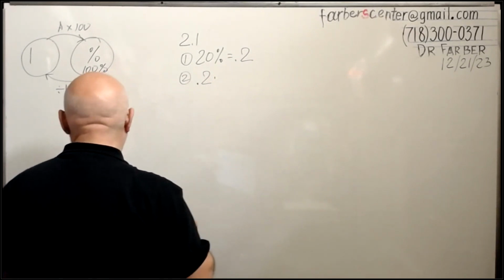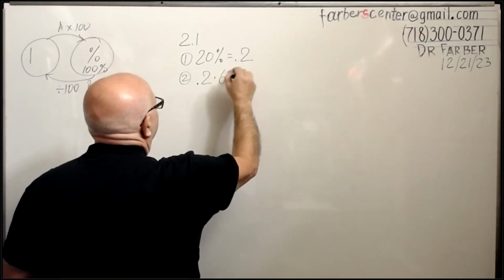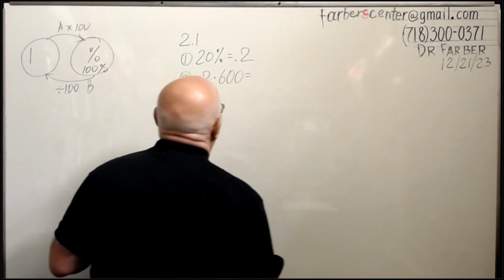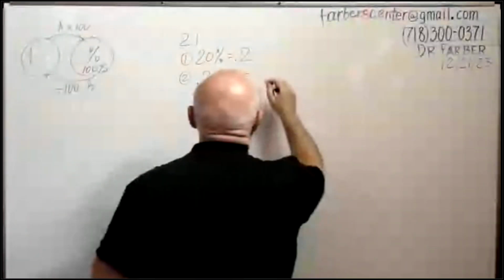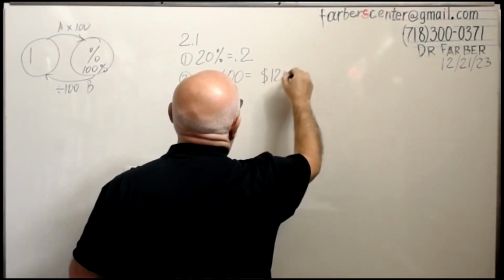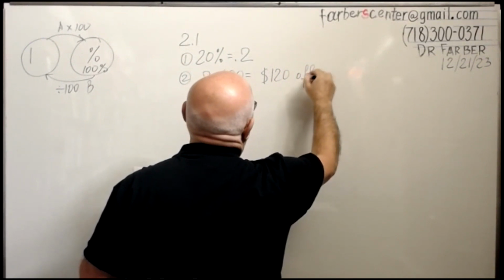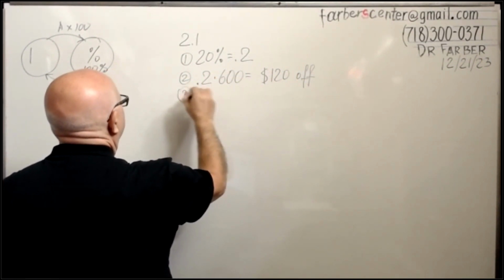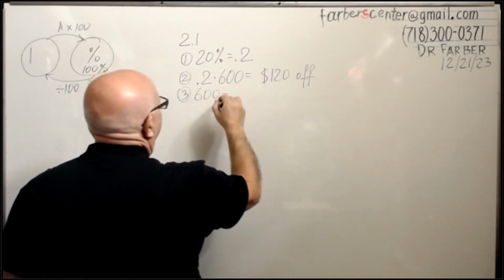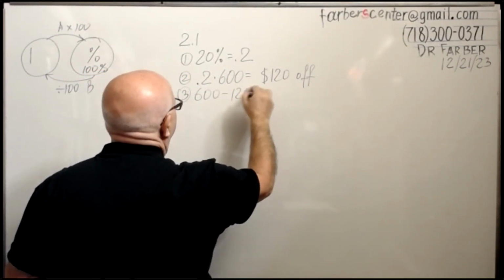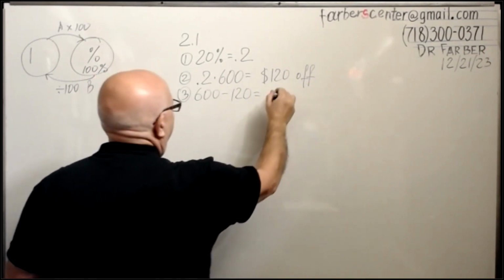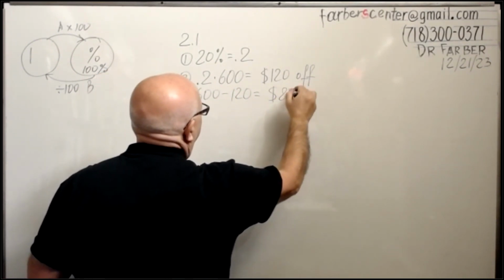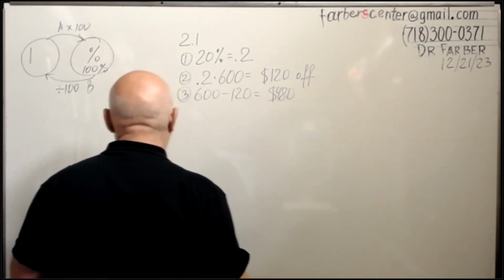Of 600. It will be $120 off. Since the price was 600, you subtract 120 and you get the new price of $480.